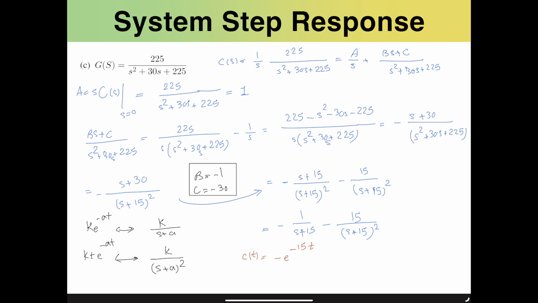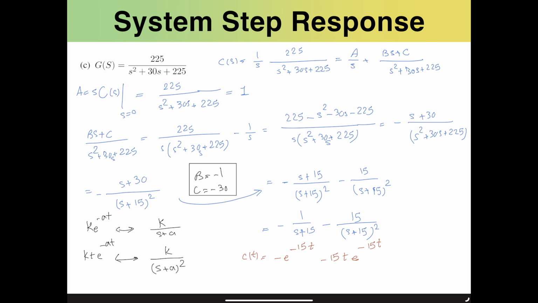The second term, though, I can compare the denominator, a equals 15, and k equals minus 15. So I would again have minus 15t e to the power of minus 15t. So that is actually the term for the conversion of these two into the time domain.